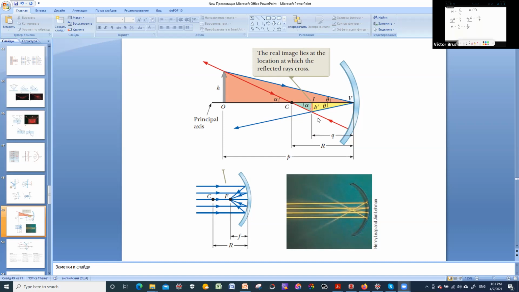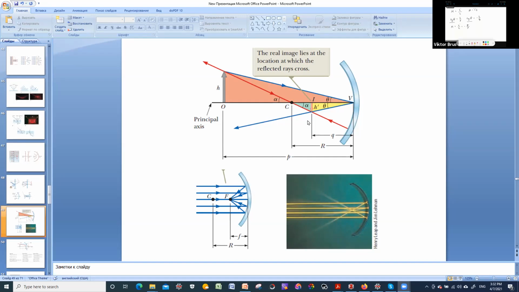This distance is defined as the difference between the radius of the curvature and the image distance. So we can write that tangent alpha is equal to minus h prime divided by r minus q.